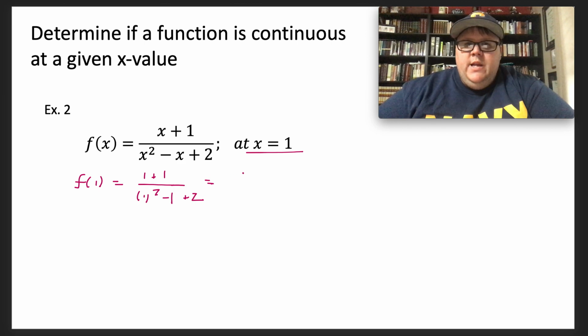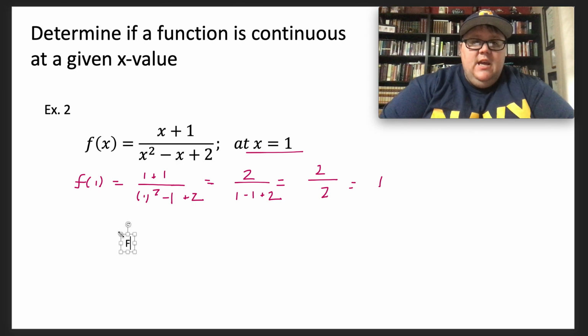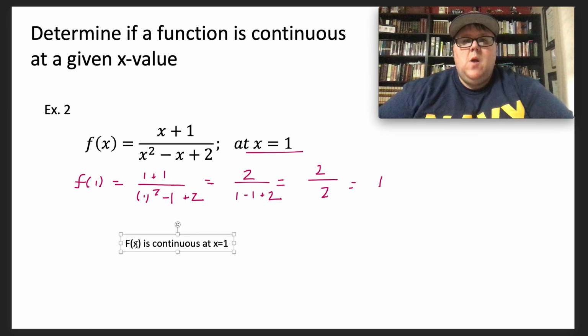So 1 plus 1 is 2 over 1 squared is 1 minus 1 plus 2. And I get 2 over, well, 1 minus 1 cancels out, so 2 over 2, which is 1. So, since I got a value, I'm going to say f of x is continuous at x equals 1.